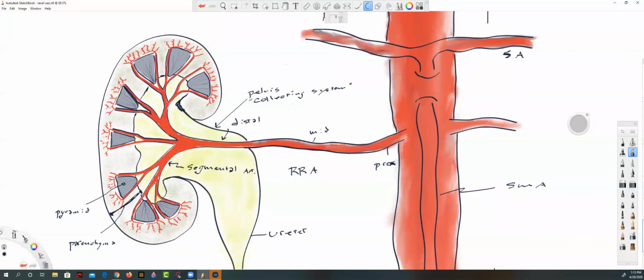I really want to stick to, as much as I can, the vascular portion. So let's see. We've got the renal artery, prox, mid, distal, then the segmental arteries. And the segmentals, once they go up into the parenchyma on either side of a pyramid, are now interlobar. So let's do an arrow like here.